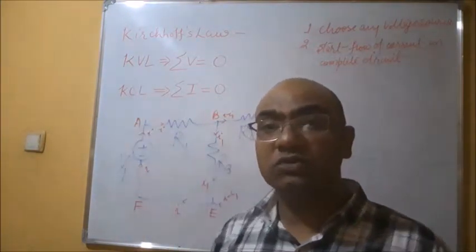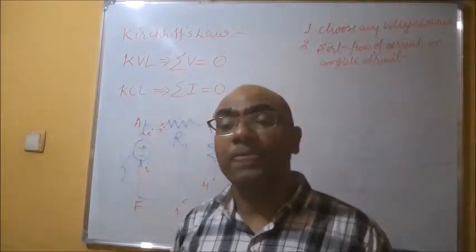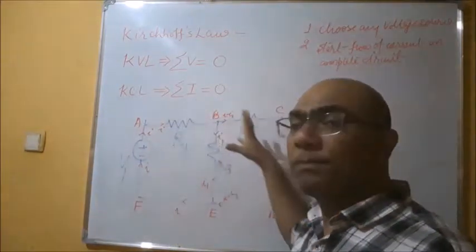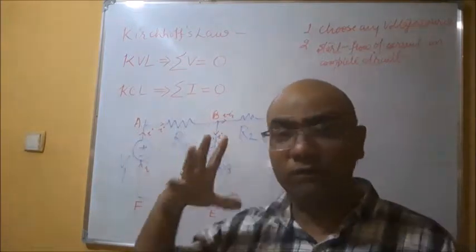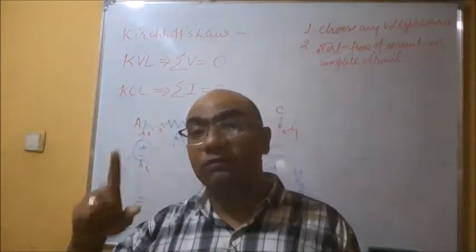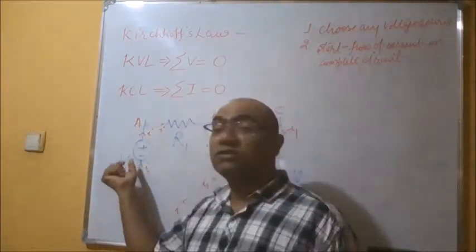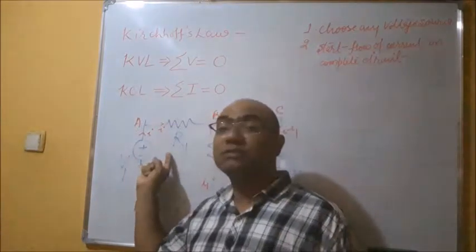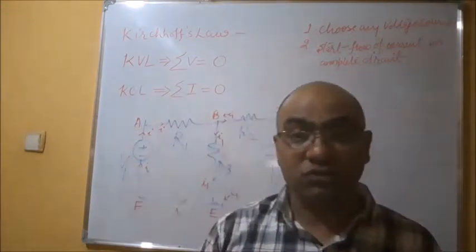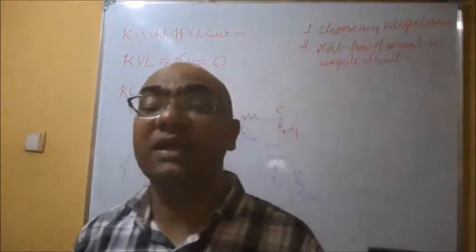What current was this voltage source giving? I. So when you complete the assumption of the flow of current in the whole circuit, finally the same current should come at this voltage source. If it is so, then your second point is correct.